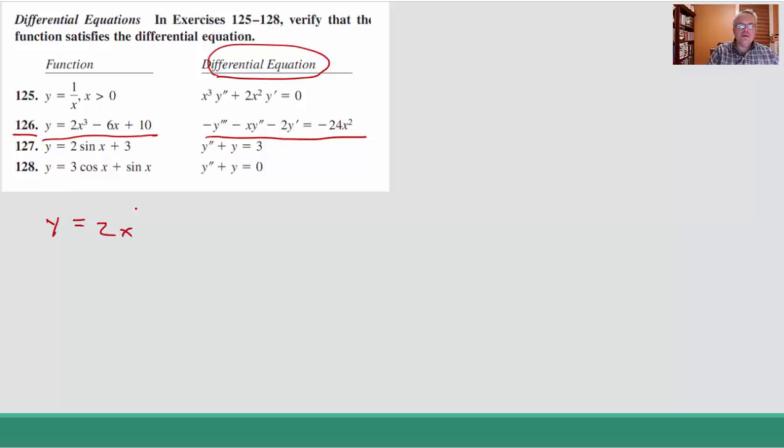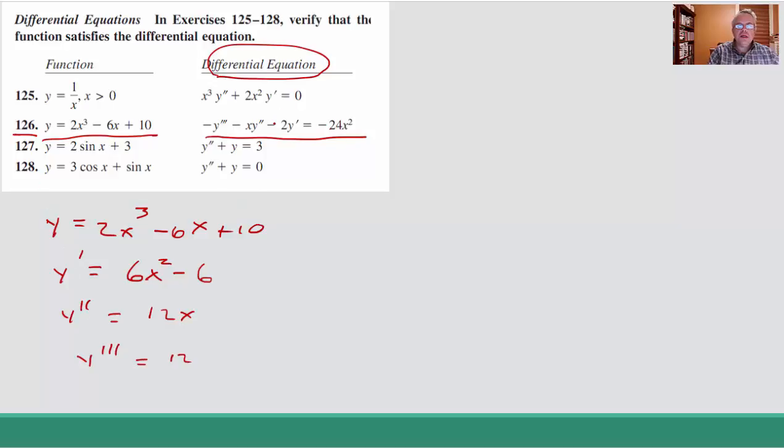So y equals 2x cubed minus 6x plus 10. Fortunately, the derivatives are easy to find. Y prime is 6x squared minus 6. Y double prime would be 12x. And finally, y triple prime is just 12.